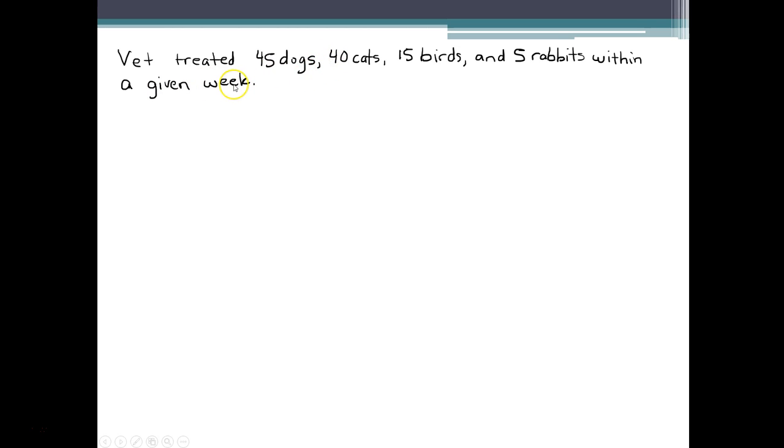Based on that, let's say another animal's about to come in the door. What's the probability that the next animal is a dog?